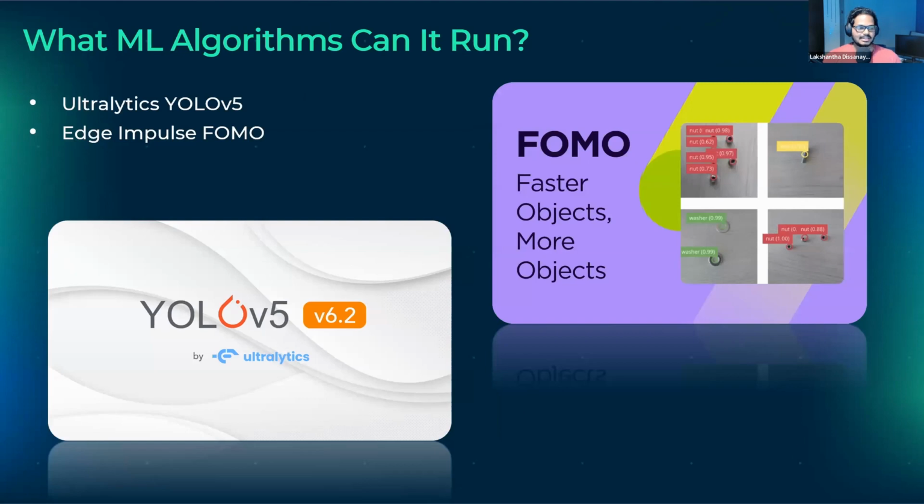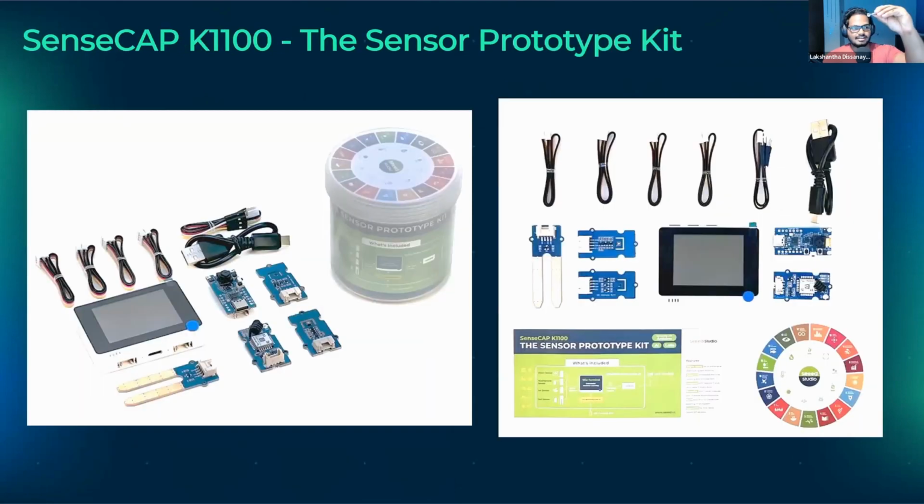This particular Grove Vision AI module actually comes as part of the SenseCAP K1100 sensor prototype kit. You can see that this Grove Vision AI module is part of this kit. If you are interested in getting this kit, you can build very interesting projects, because it has a Wio Terminal, a microcontroller with an LCD on board, and also the Grove Vision AI module itself.